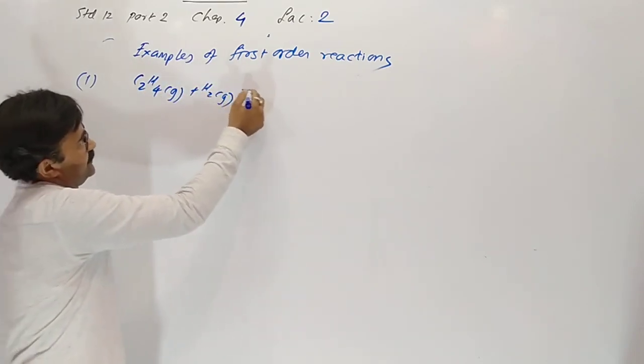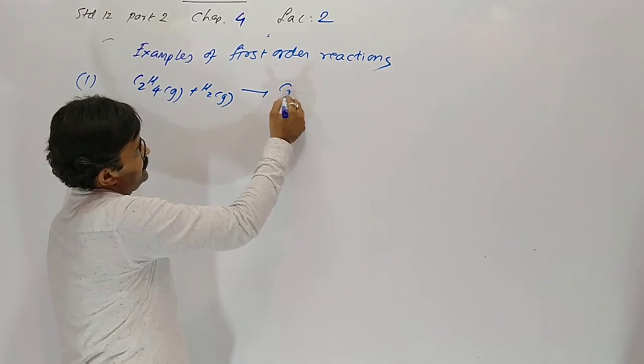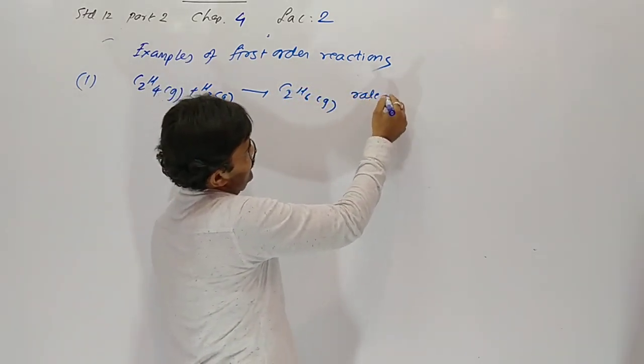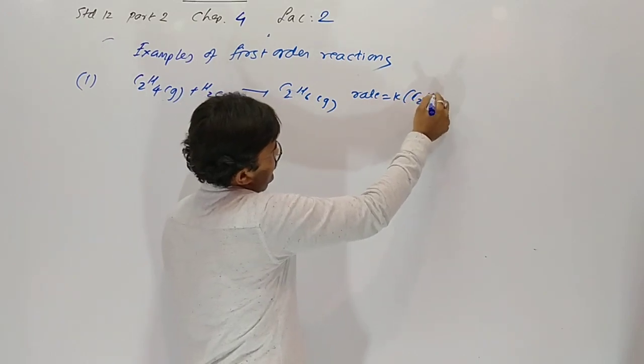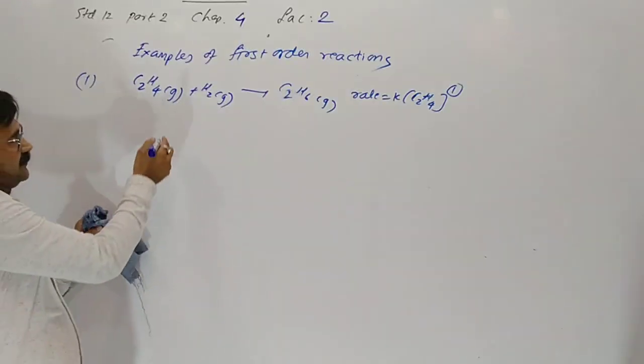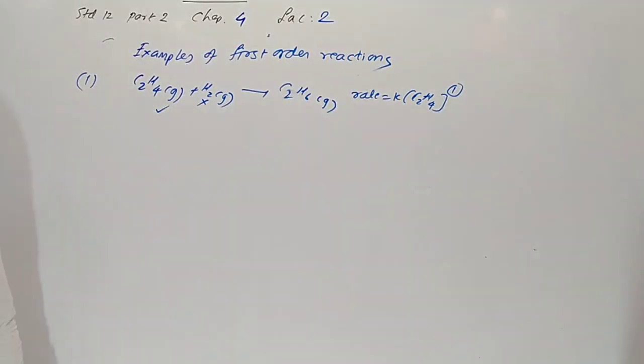Ethene is reacting with hydrogen, gives ethane. So here rate of reaction is equal to K ethene raised to 1. The rate of reaction is not depending upon the concentration of hydrogen. It is practically derived. So here the order of reaction is 1 in this case.